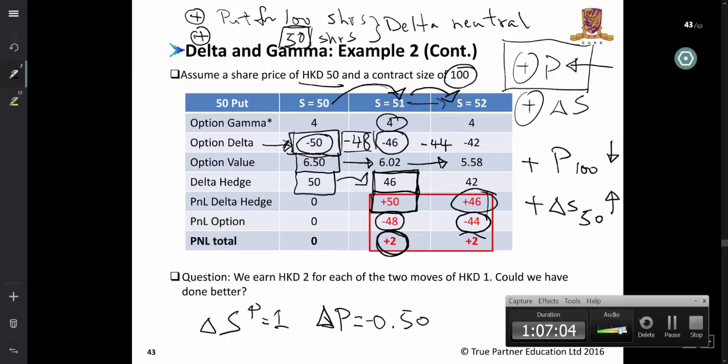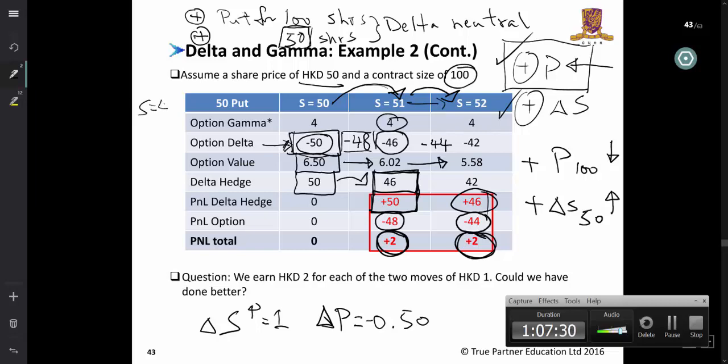So you are still $2 ahead. So it seems that when you are long option and you are delta neutral, every time the price moves, you actually make money.